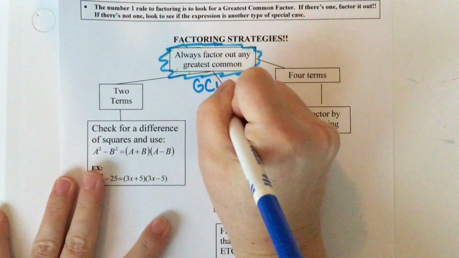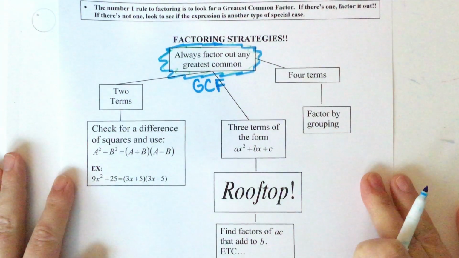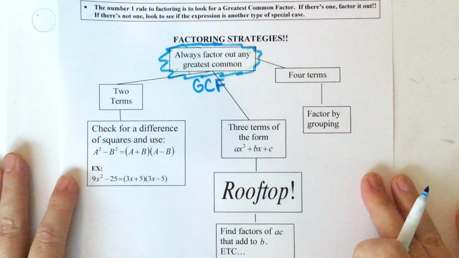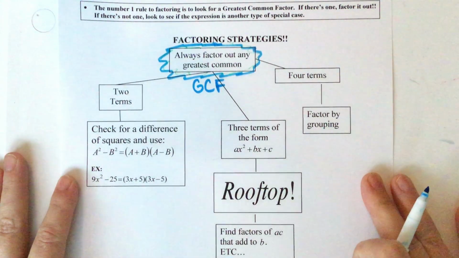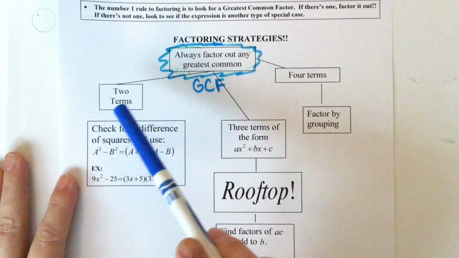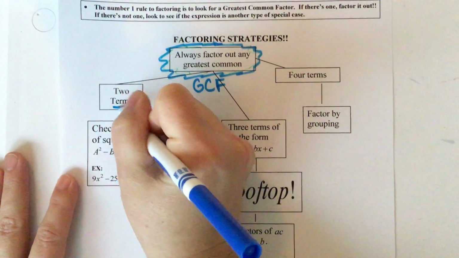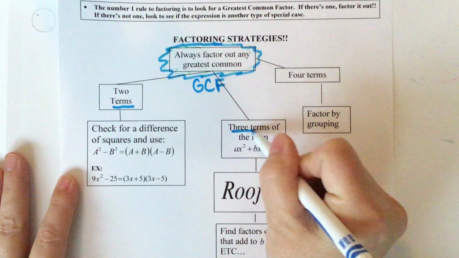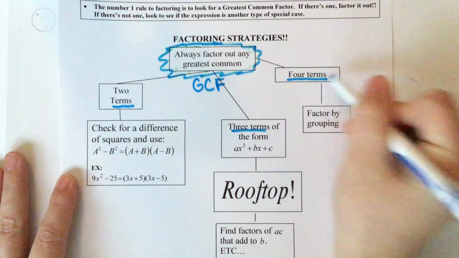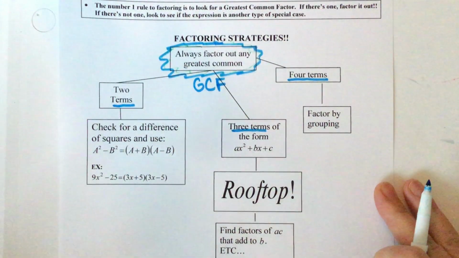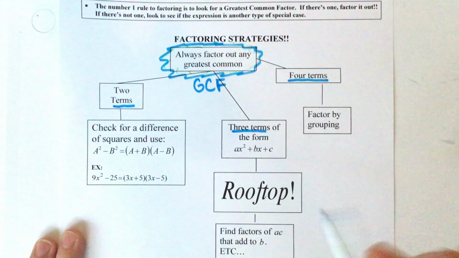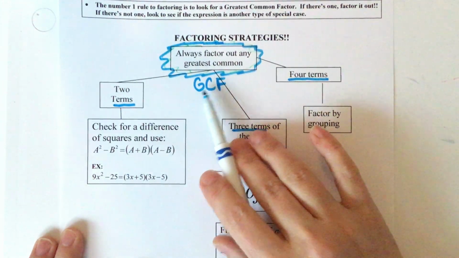Greatest common factor. That's going to be the very first thing that we look for in every single problem. Okay, and then after that, we'll look to see if the problem has 2 terms, 3 terms, or 4 terms. And I'm going to explain this chart as I go through all the factoring lessons. Let's start off with the GCF. Okay, so I'm going to go to the next page.